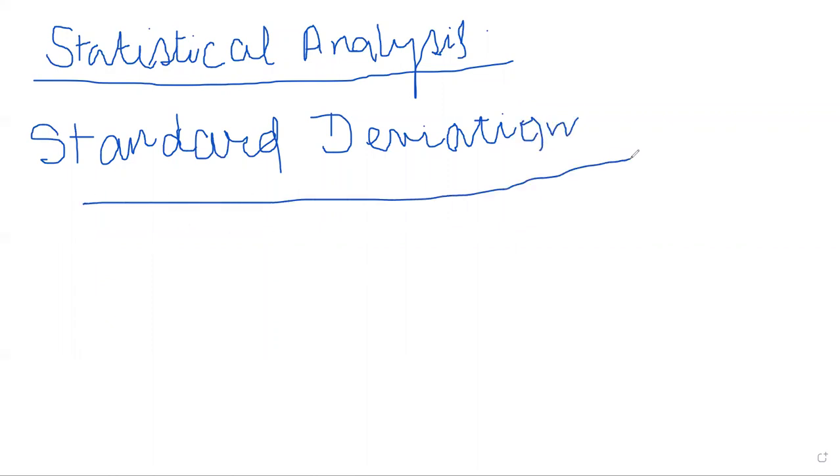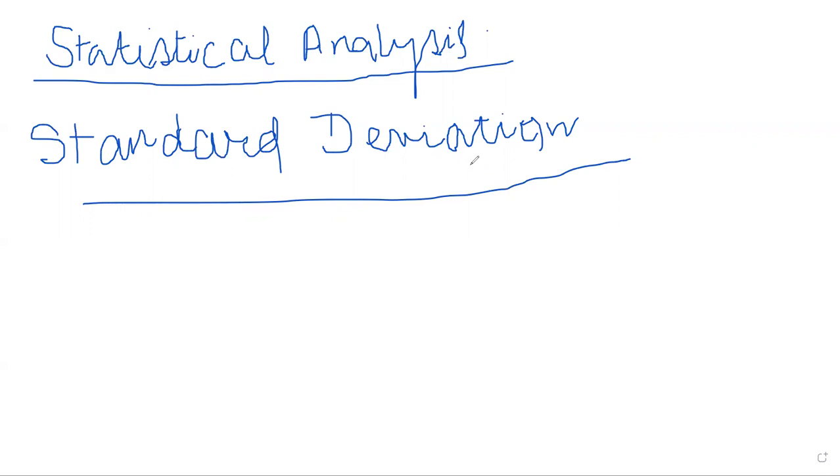Standard deviation is a very important term in the analysis of random errors. We have learned about different types of errors: gross error, systematic error, and random error.